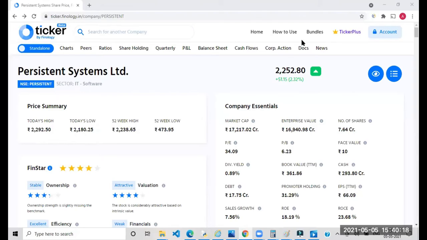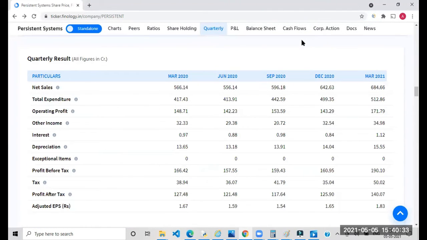So now for calculating the EPS and PE, what we have to do is use the same formula that we used in the example. For EPS, we have to do PAT upon number of shares. So in this case, we find PAT in the quarterly result. Here you add all the profit after tax from March 2020 to March 2021, which is right here.